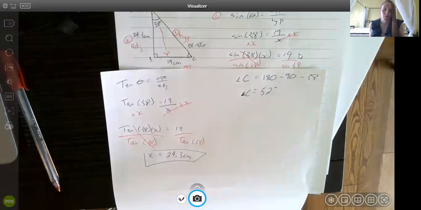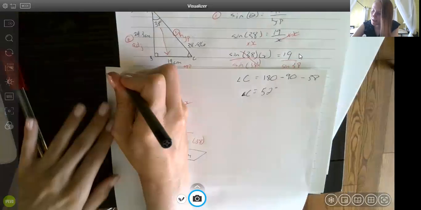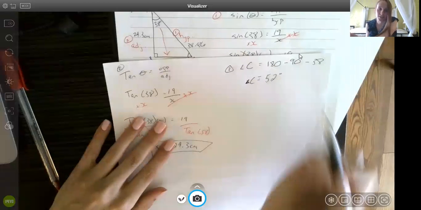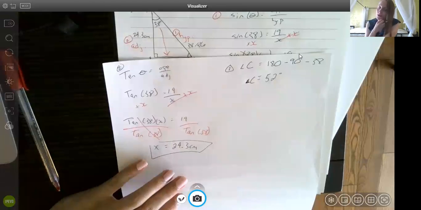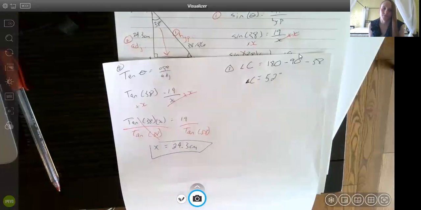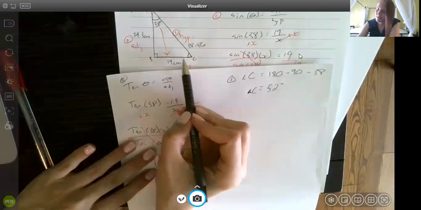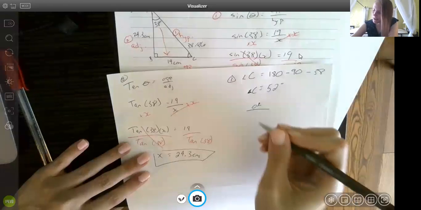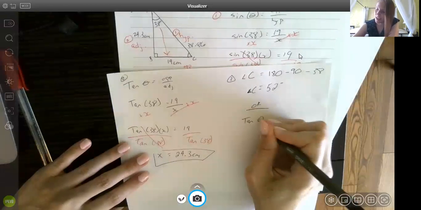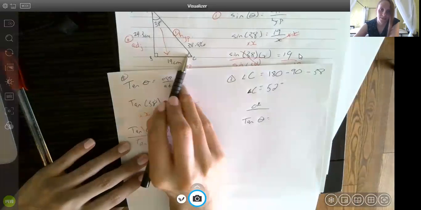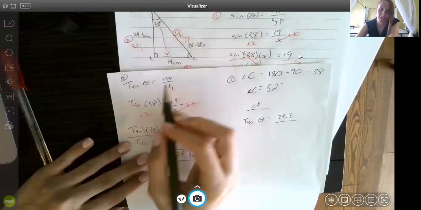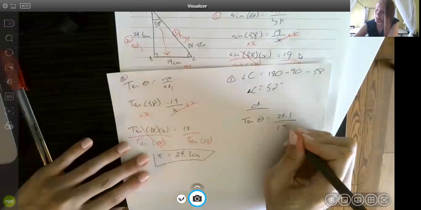Okay, again, if you would prefer, instead of solving it like this, if maybe you don't have memorized what the angles of a triangle add up to, then you could certainly solve it by using any of your trig ratios. You would just say, for example, the tan of the angle is its opposite, which would be 24.3 over the side that's adjacent to it, which would be the 19.